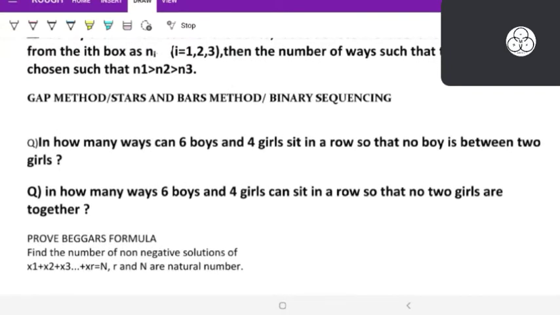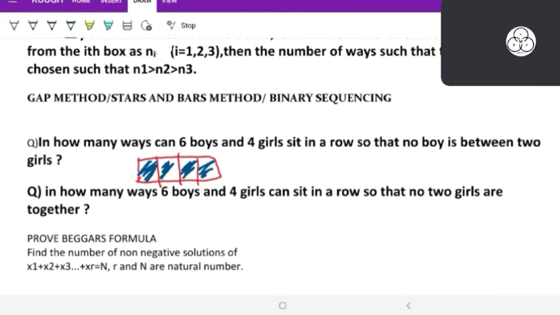That means what? Girls are together, say a concrete block. 4 girls are sitting together. In between them, no one can come.